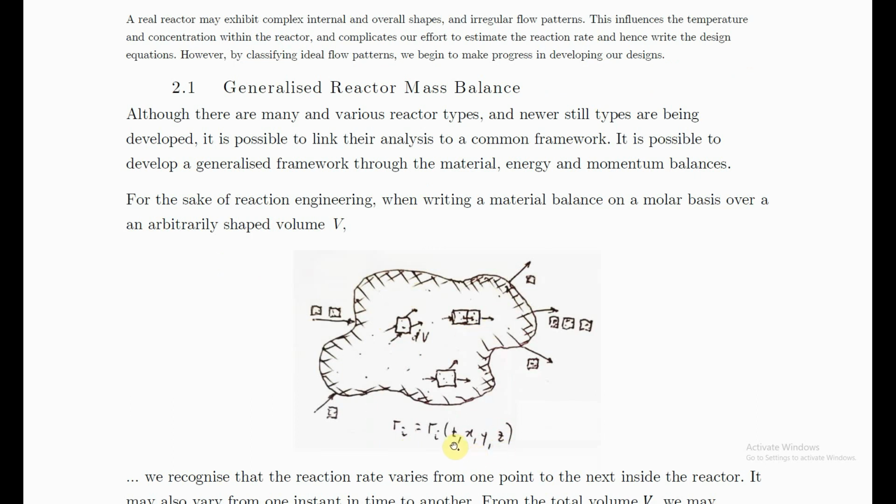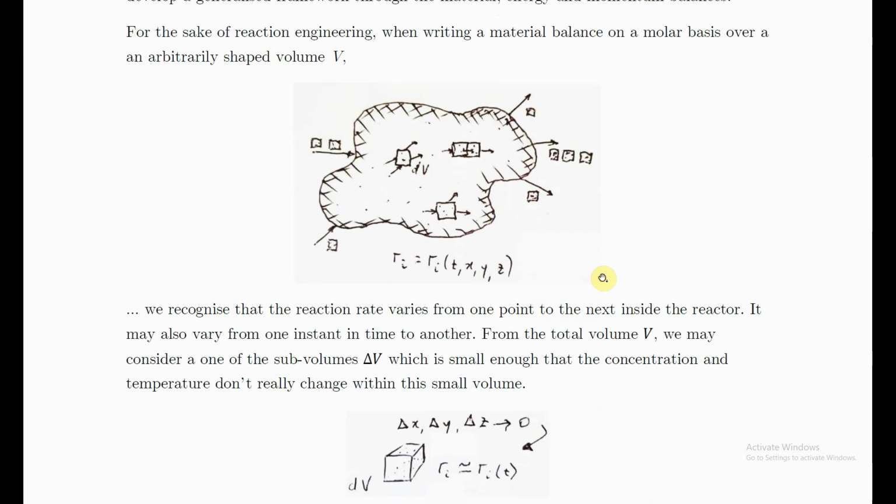And then we expect that it may be varying in time as well. So we may have a certain concentration profile in this reactor at the start, and then as we change the flow rates here or the concentrations in these feed lines, that's going to change the concentration over time as well. So this is really a four-dimensional variation in concentration and temperature, and hence the reaction rate. So this is quite complicated on the face of it.